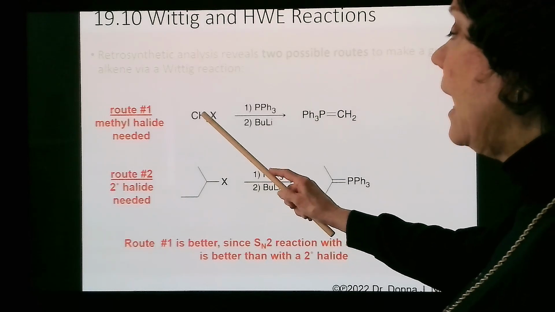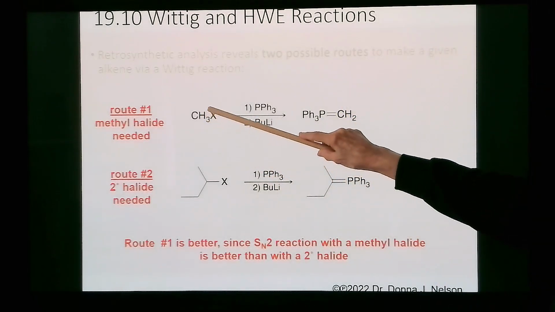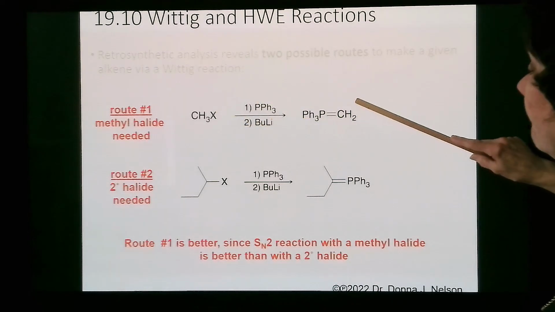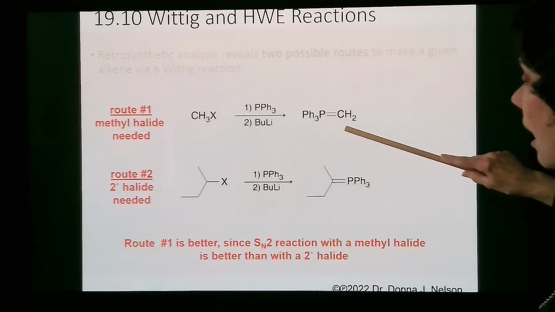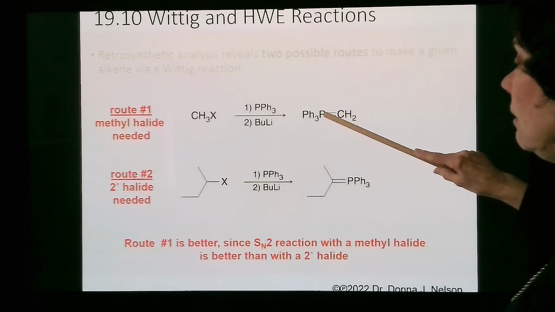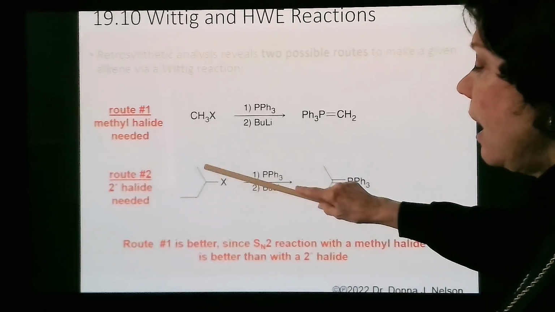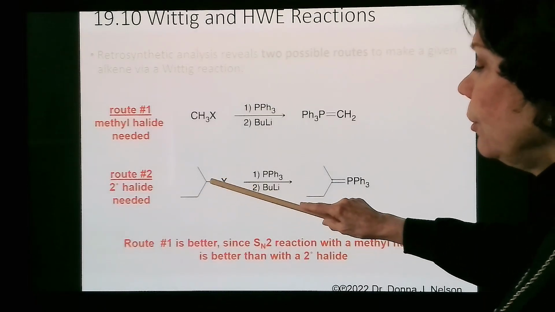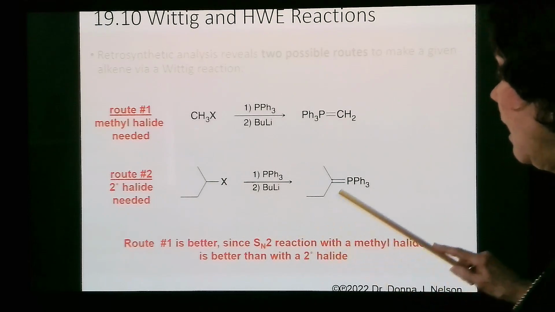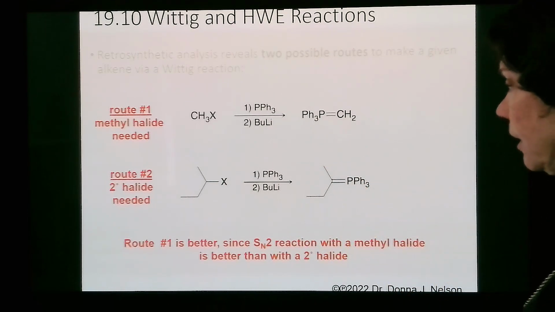Here, a methyl halide would be the alkyl halide that would furnish this methylene to the Wittig reagent. Here, this sec-butyl group would be on the alkyl halide that would be furnished to the Wittig reagent.